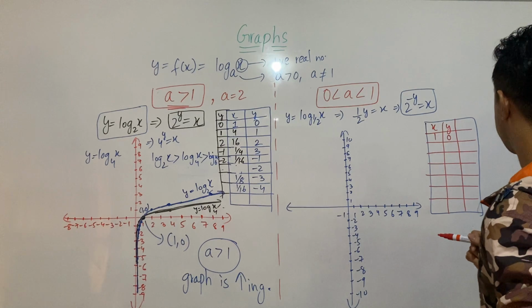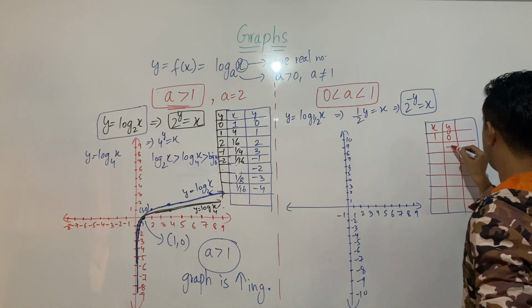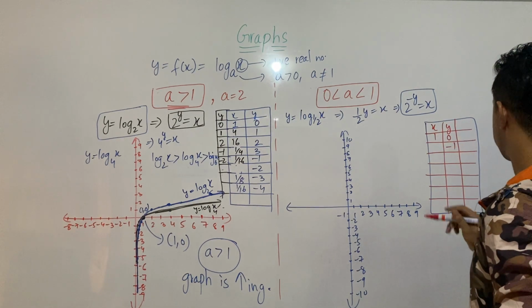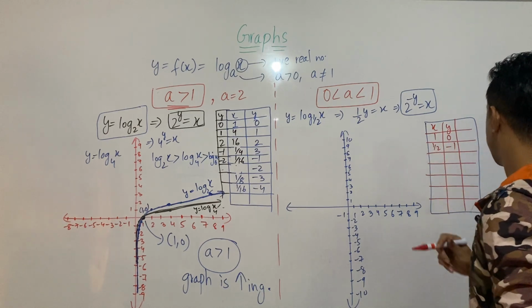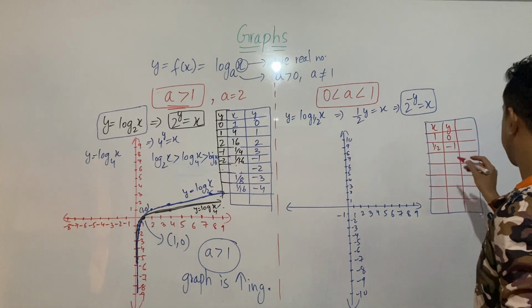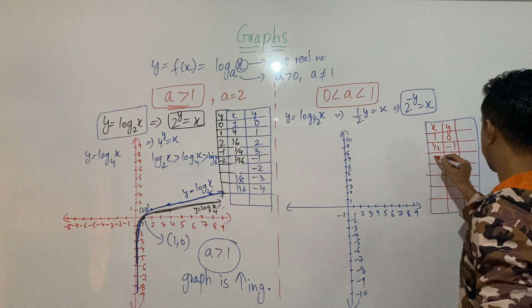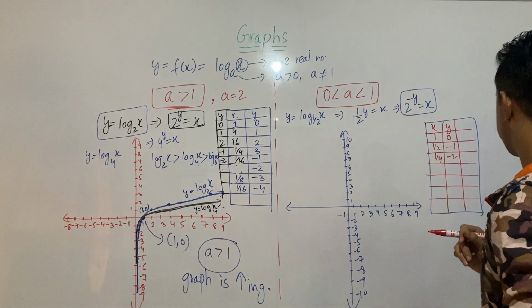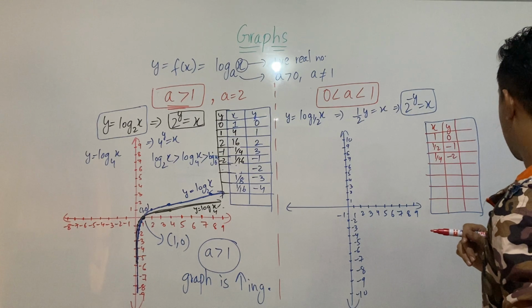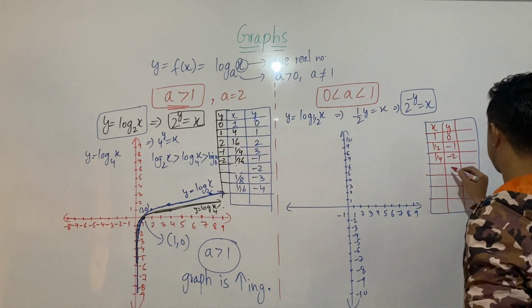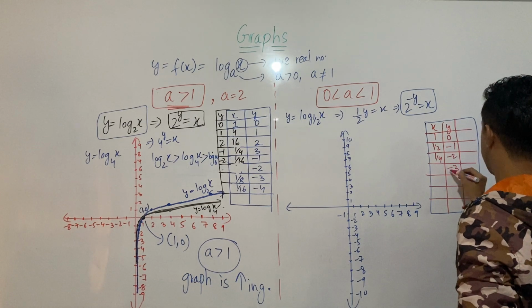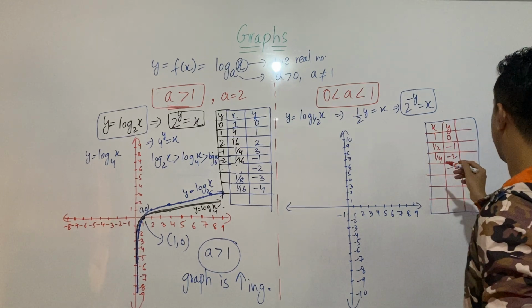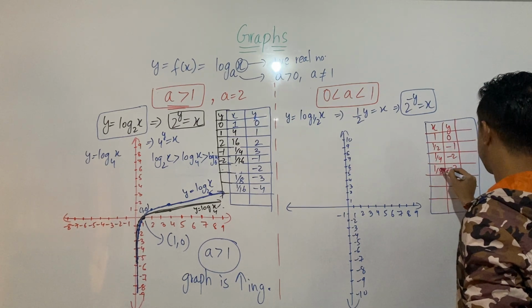If I take y as 1, then x is going to be 1 by 2. If I take y as 2, x is going to be 1 by 4. And if I take y as 3, then x is going to be 1 by 8.